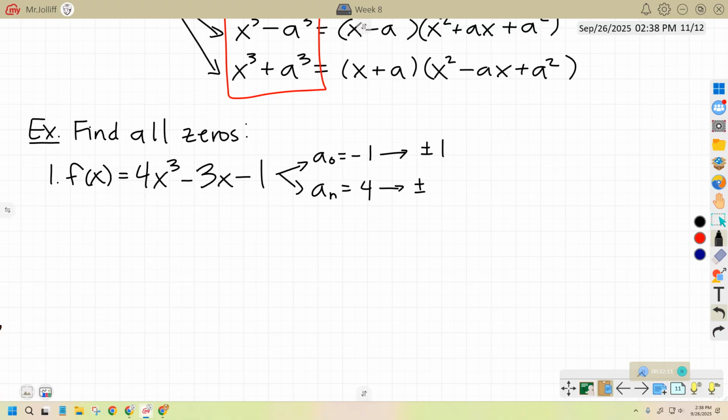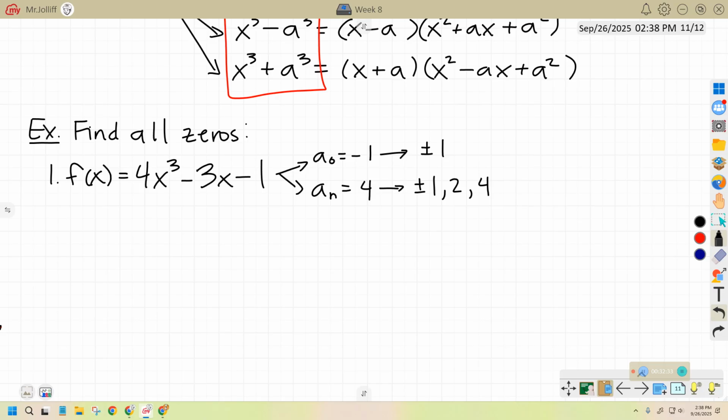What else? 1 and 4. So 1, 2, and 4. And you'll typically see mathematicians list factors in order, starting with 1 and the number and then working towards the middle. We stop when we meet in the middle. Fortunately for this one, that was a short list.